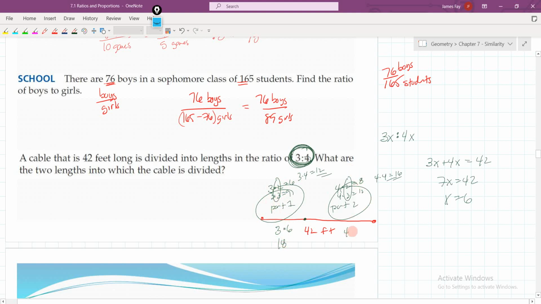And this 4 by 6 would have given me 24. 18 plus 24 gives me my 42. So 6 is the factor that was taken out of 18 and 24 to get down to 3 and 4. The two initial lengths had to be 18 and 24.